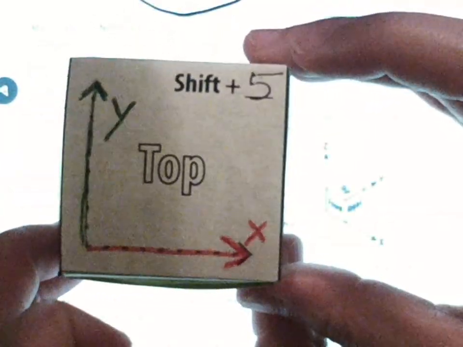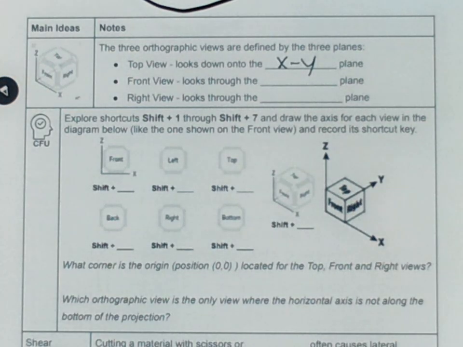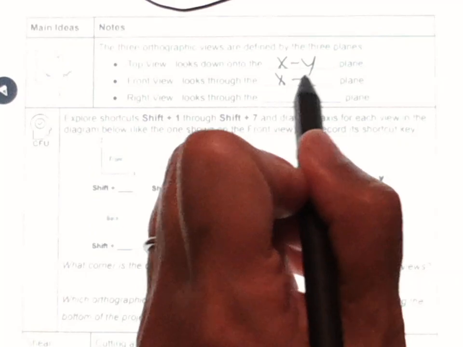Okay, so when we switch to top view, we have the X and the Y. So that's our XY plane. When we have our front view, that is our XZ plane.